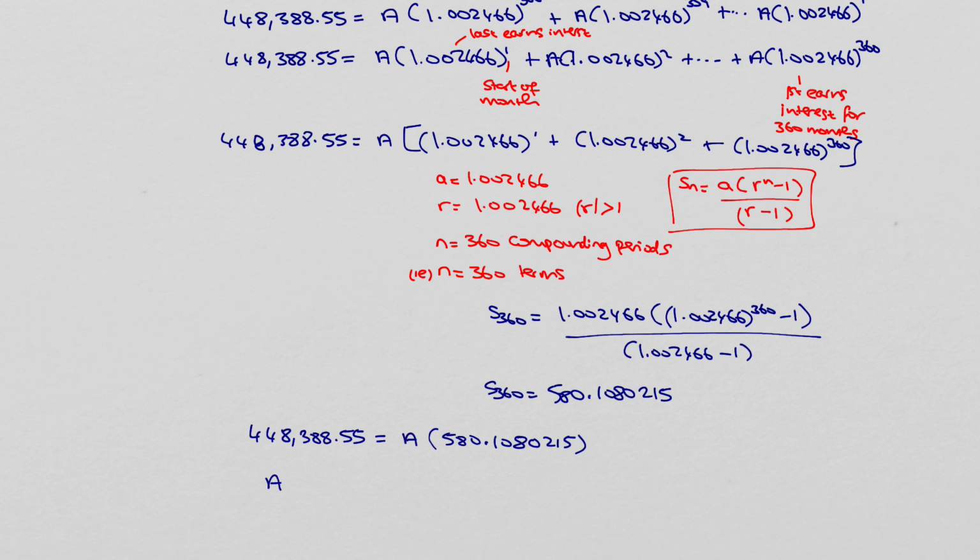So to find the amount that he needs to invest at the start of every month for 360 months to give us that future pension fund in 30 years' time, ends up being €772.94. So these are the monthly lodgements he needs to make into the account. Okay, so our monthly payments.